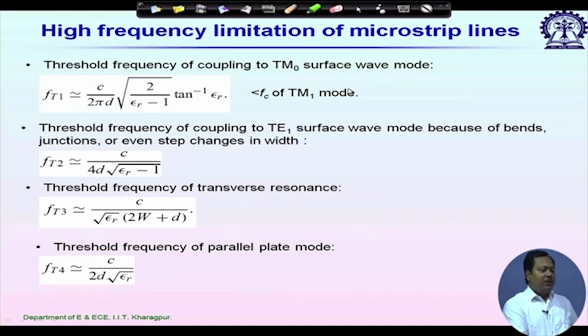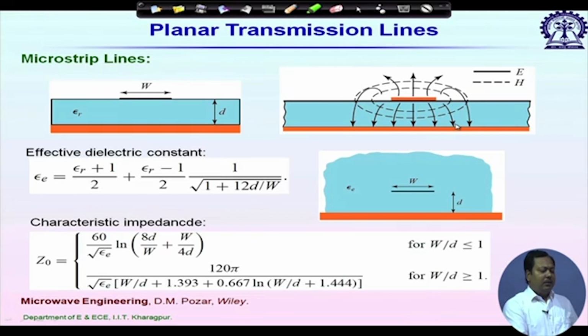For a surface wave transverse magnetic mode excitation, let us say this is the microstrip line and the wave propagation direction is the z direction. Then for TM mode we have two different components of electric field. One component is in the direction of propagation, so the Ez component, and another component is perpendicular to the ground plane, which is maximum on the ground plane.